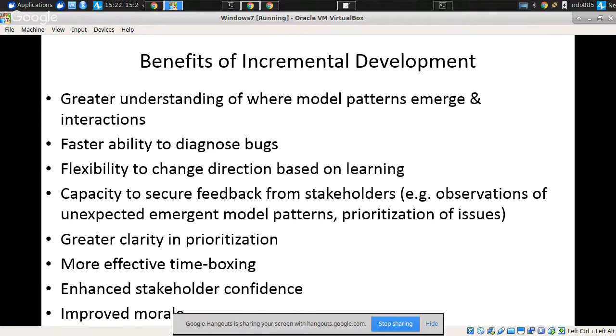We decide, oh my gosh, of course, I didn't realize that's a logical consequence. So in order to deal with that, I need to put something else in instead. In short, it changes our sense of what's the next priority. Why? Because we've learned from working with the model. By running the model, we observe something we didn't expect, and we end up needing to change direction based on that, to put something in.